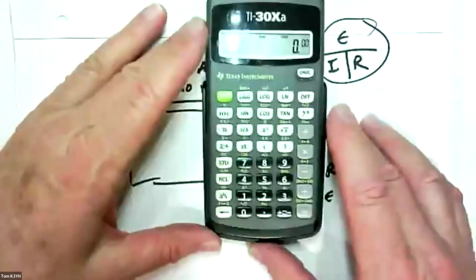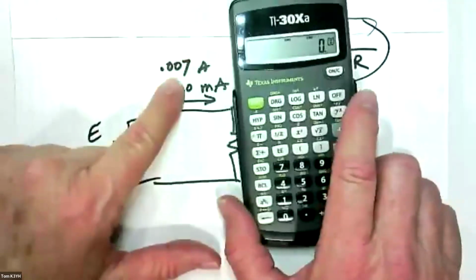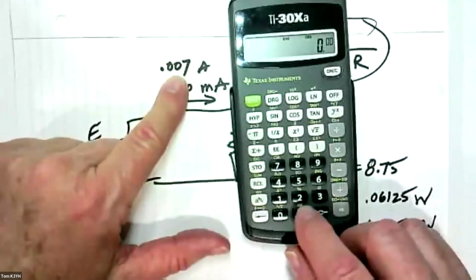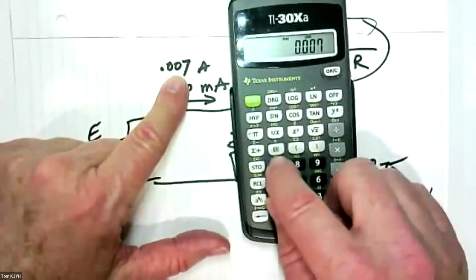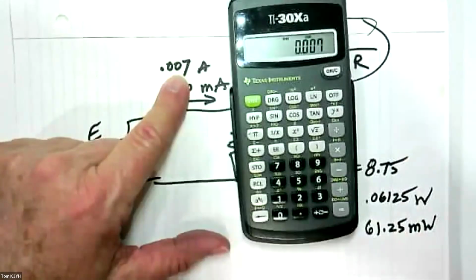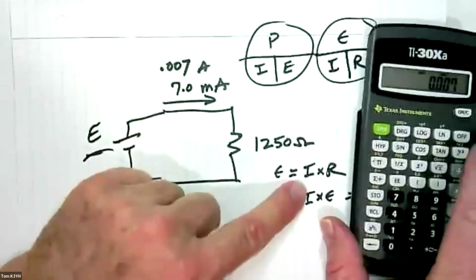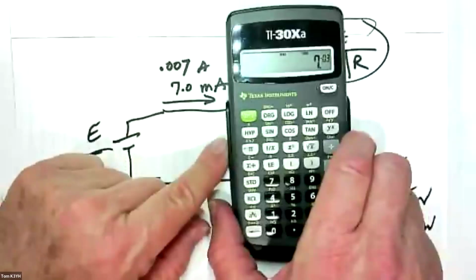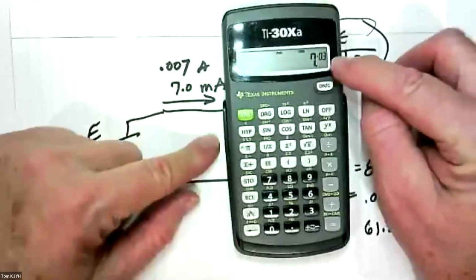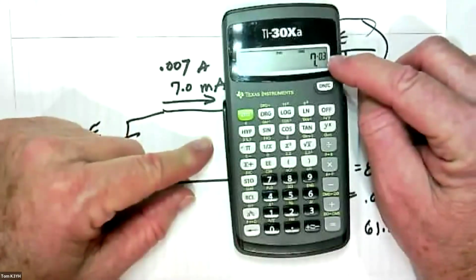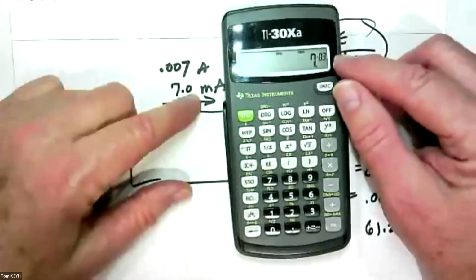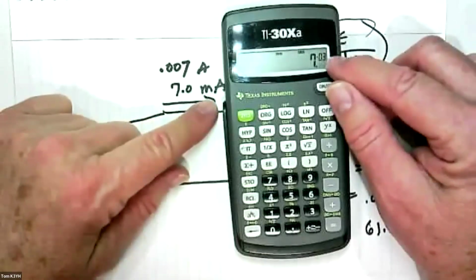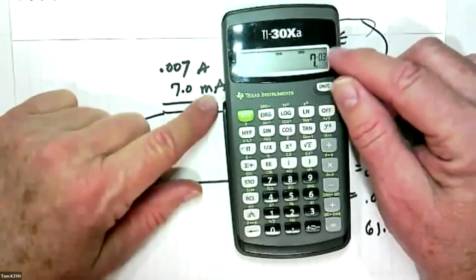Okay, so in that case, for example, I have the 0.007 amps. If I put in 0.007 and then times R, notice how it switches to 7 times 10 to the minus 3, or 7 milliamps, 1,000ths of an amp.